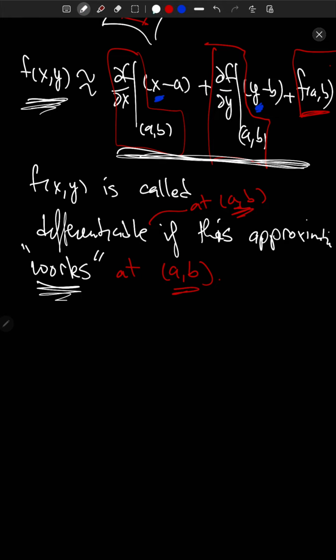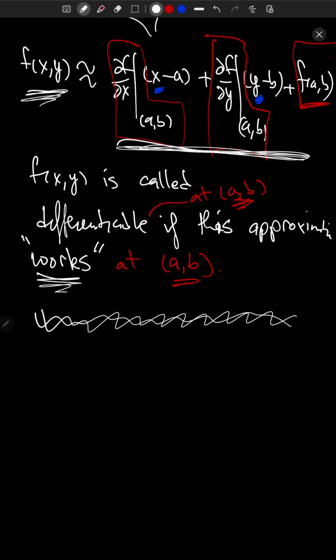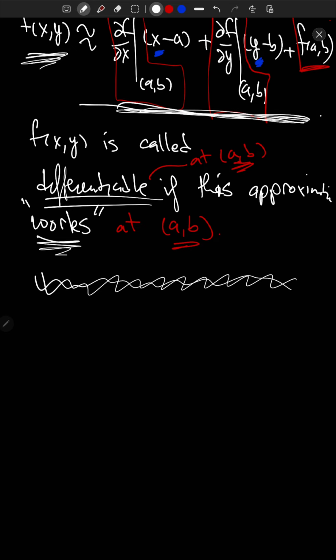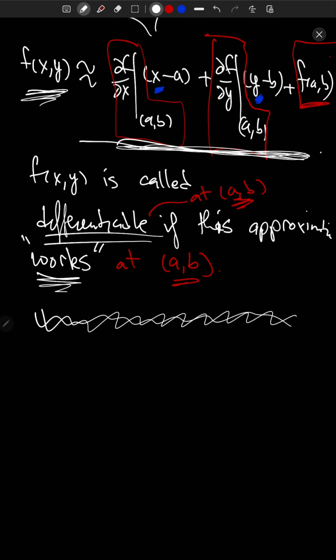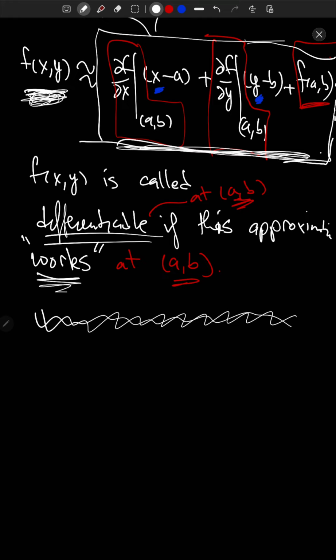All right. So why did we go through all that? Well, the idea is that if f is differentiable, in other words, if f really is approximately this right-hand side, then anything you want to know about the change of f, you can instead replace f with the quantity on the right-hand side. And we very much want to do that because the quantity on the right-hand side is super simple.